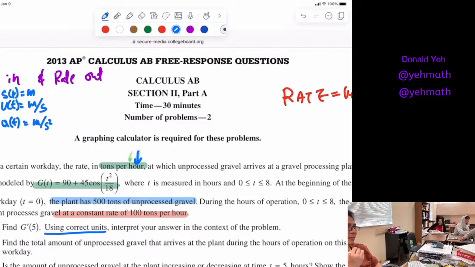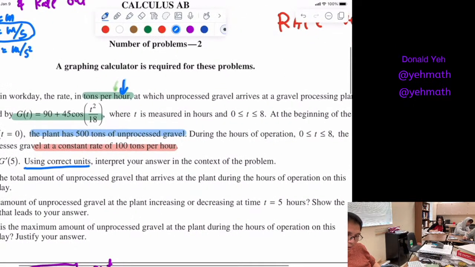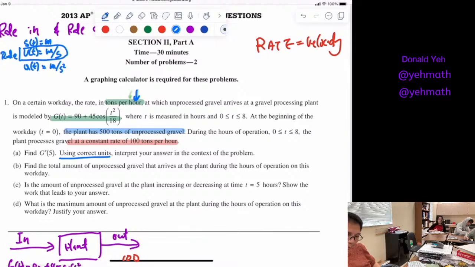Does that make sense? So each time you divide it by time. But we start with v of t, which we know as rate. So if you divide it by time, therefore the correct unit of this one is actually tons per hour squared.